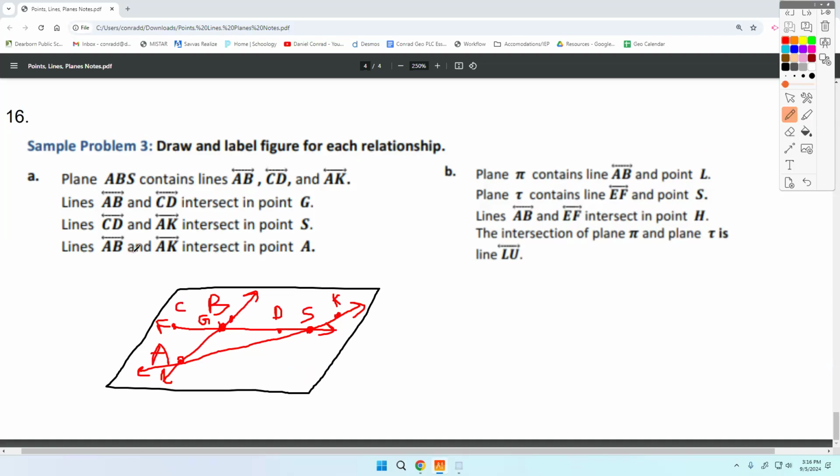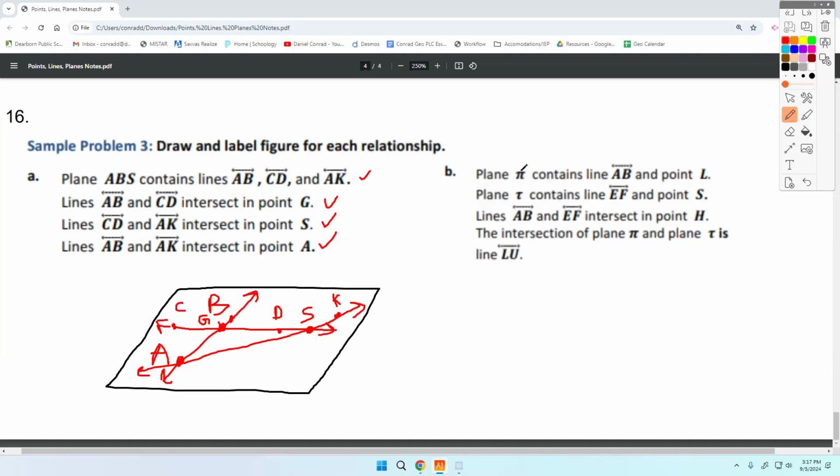And then line AB and AK intersect at point A. So that works. So let's check this. I have line AB. I have line CD. I have line AK. Check. AB and CD intersect at point G. Check. Line CD and AK intersect at point S. That's a check. And then line AB and AK intersect at A. They have to. That's a check. So that one's good.